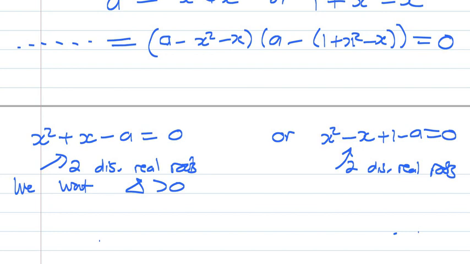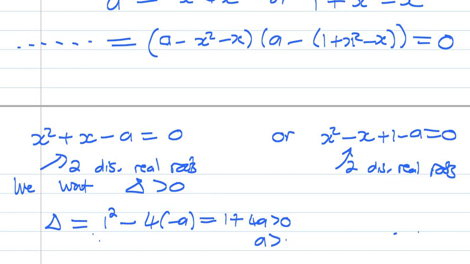So here, the discriminant is going to be the coefficient of x, which is 1 squared, minus 4 times minus a. So this becomes 1 plus 4a, which must be positive. Alright, I hope I haven't destroyed this. And so this means that a is bigger than what number?